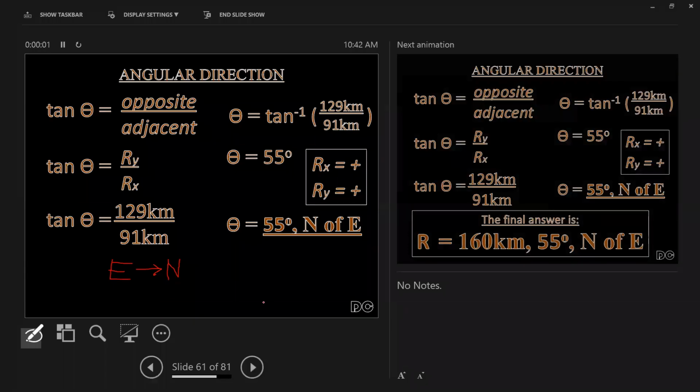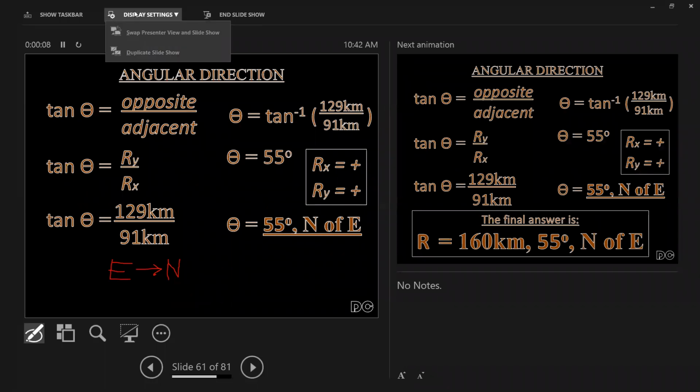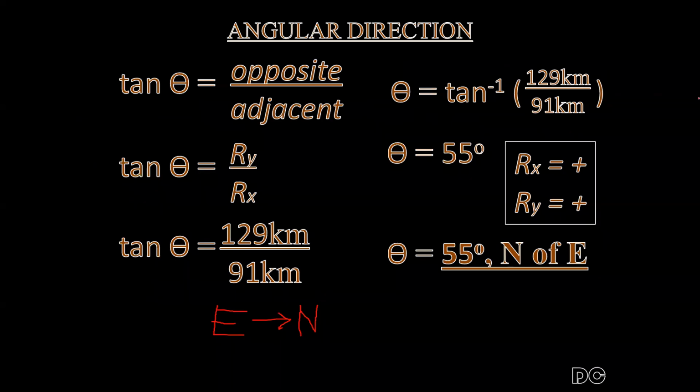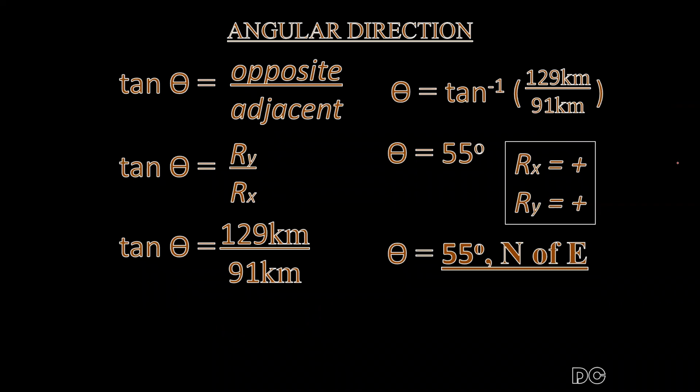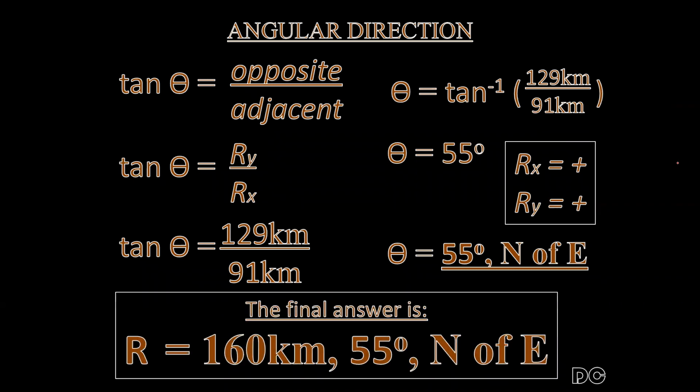And so, okay, the angular direction. To complete our answer, the final answer is now the resultant is equal to 160 kilometers, comma, 55 degrees north of east.